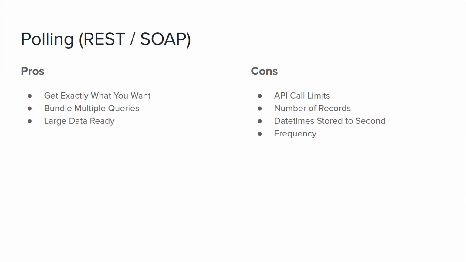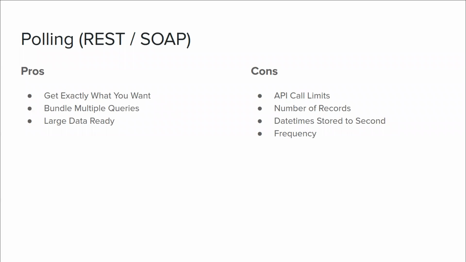And so you have to keep that in mind. You may not want your poller running every second making API calls if you don't have that many of them. So you've got to keep that in mind when setting your poller threshold. The number of records can be interesting because you can get a lot of them back, or you can get none back. And even if you get none back, that's an API call.